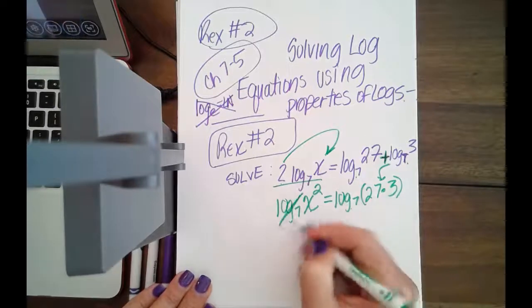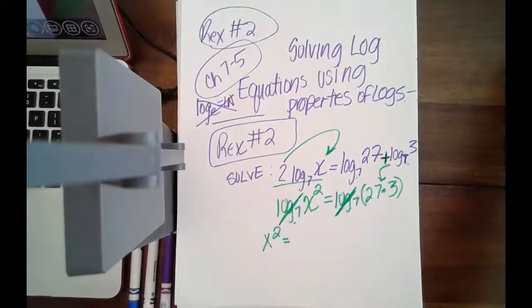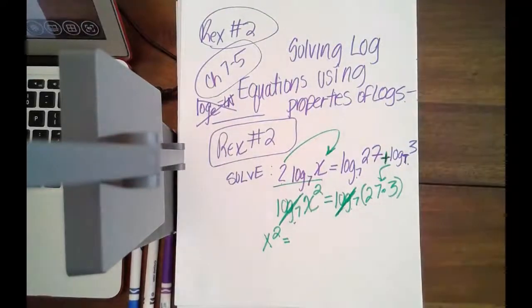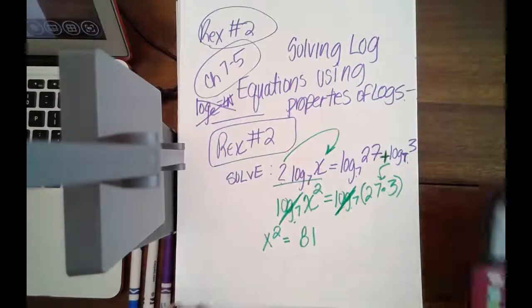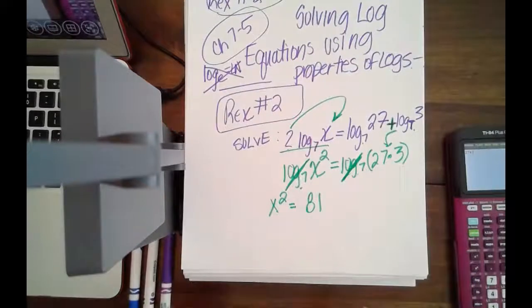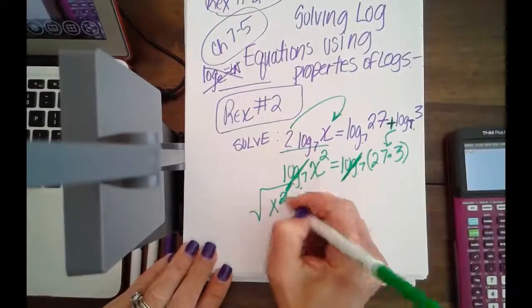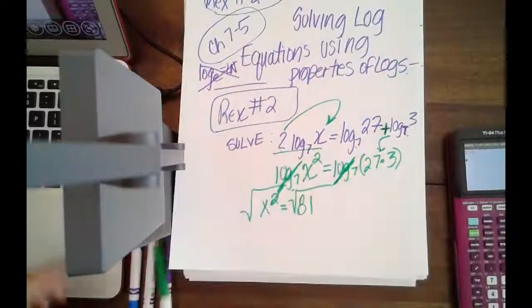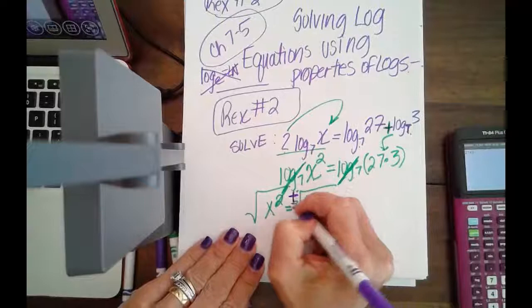I can get rid of the word logs, and now I have x squared is equal to, and I don't know what that is off the top of my head, so give me a second, 81. Now we have a square root property. We don't need to factor this one because we have a quadratic and a constant. So automatically you're going to take the square root of both sides, but remember, when you're taking the square root of both sides, you have to account for a plus or minus situation.